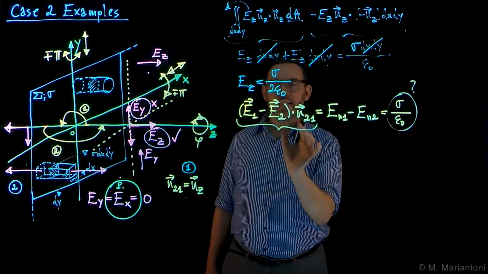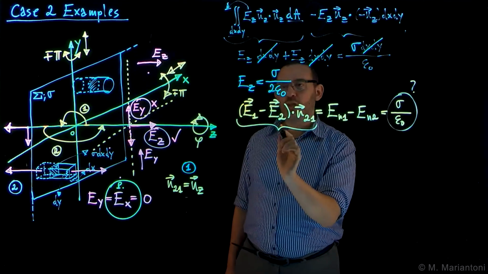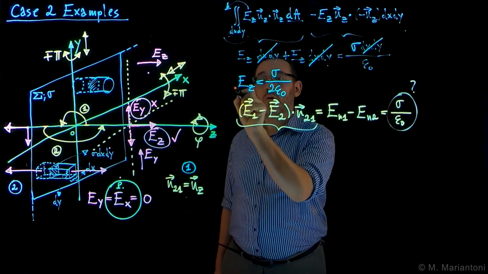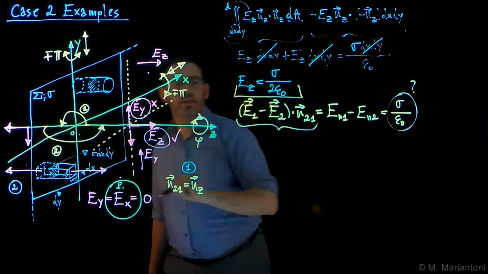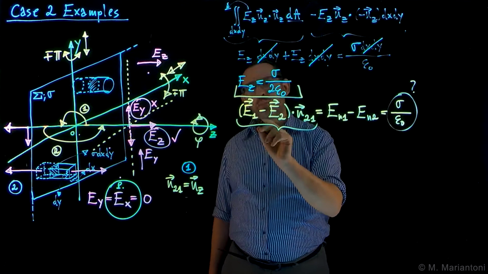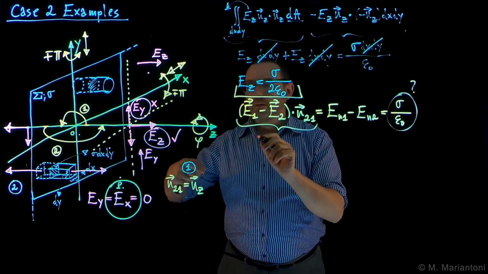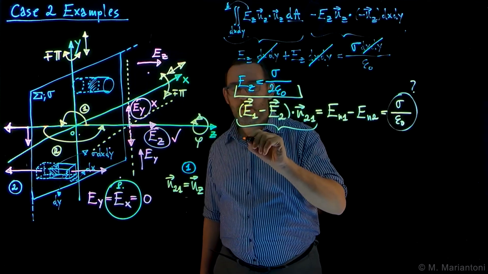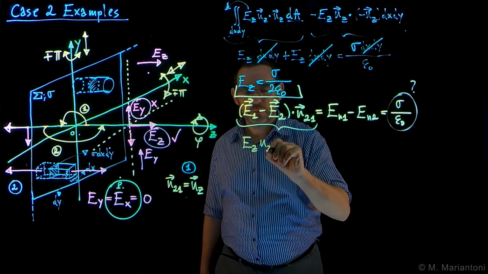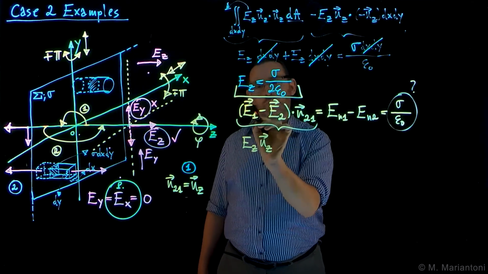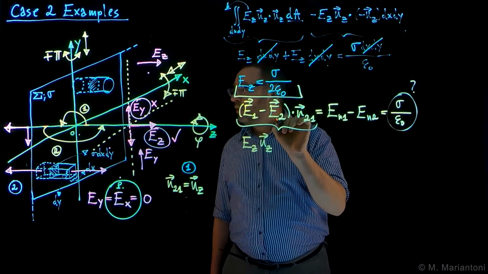Well, let's spell out this equation using this solution for the electrostatic field up here with respect to this coordinate system. So once we do that, in region 1, E1 is nothing but Ez pointing in the z direction, so times uz. What about E2?